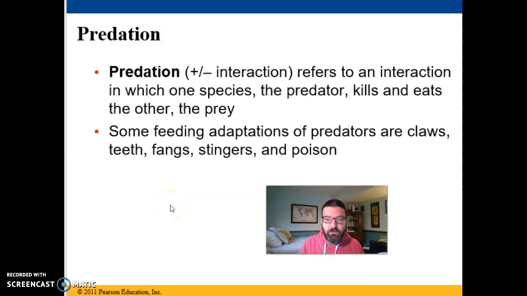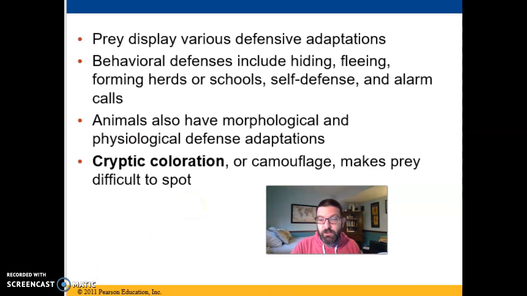And you tend to see specific characters that evolve in predators versus prey over time to help them get better at what they're doing. So predators often have feeding adaptations like claws and teeth and fangs or stingers or poisons, things like that.